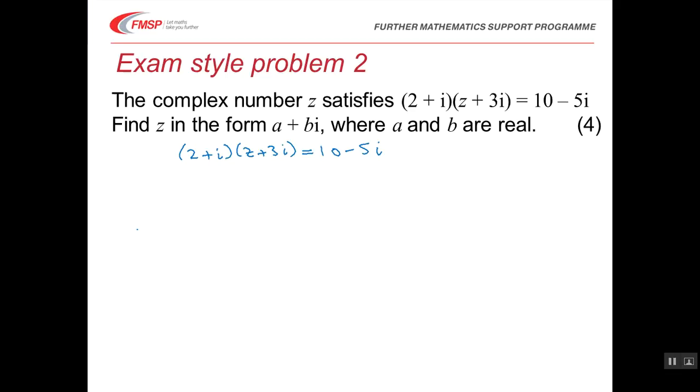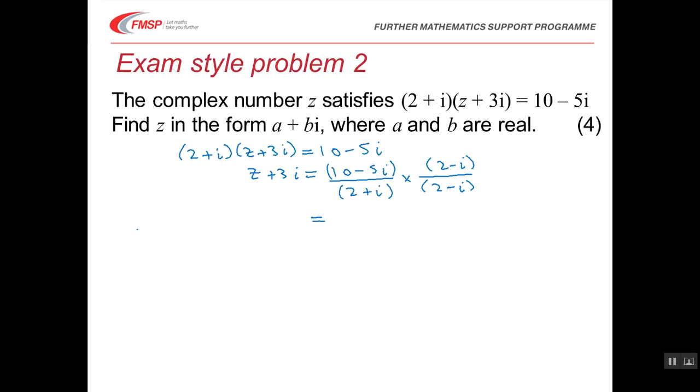Before we rearrange it for z, I would just rearrange for z plus 3i to start with. So that's 10 minus 5i divided by 2 plus i. We're now in a position to rationalise the right hand side in the usual way. We look at the denominator 2 plus i, and we're going to multiply the top and the bottom by its conjugate pair, 2 minus i.